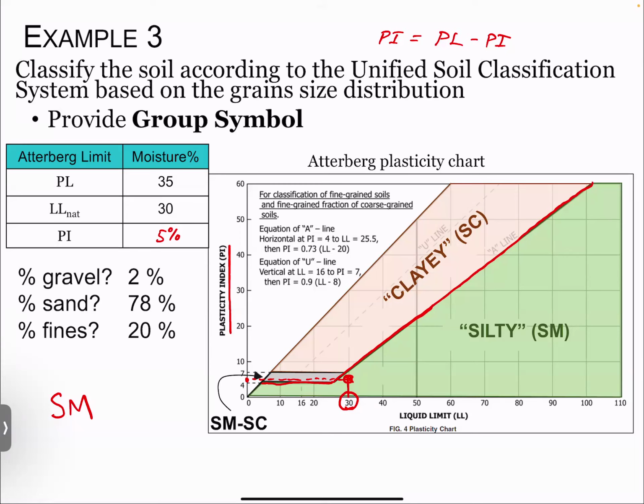That's a question I remember they asked me on the FE, and they probably still do today, because it's very easy to mix up plastic index with the plastic limit. But the y-axis is always the index, so you have to subtract those two. So this would be SM soil, which would be a silty fine sand.